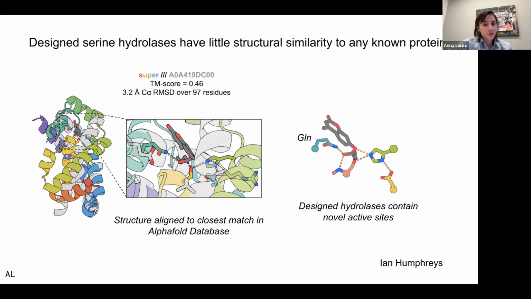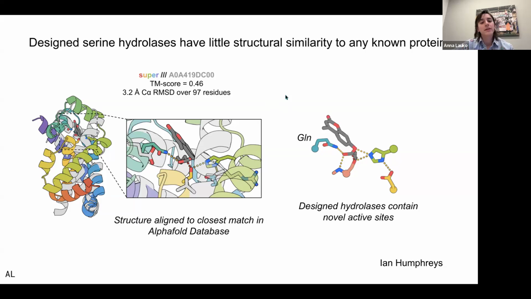And also interesting was that these designed serine hydrolases are really not similar to any known protein. We knew that they were really novel in terms of a serine hydrolase because they're all helical. Most serine hydrolases in nature are alpha beta or all beta proteins. But we kind of went overboard and we aligned these designs to every structure in the AlphaFold database.